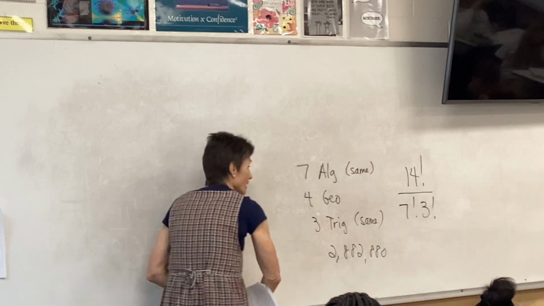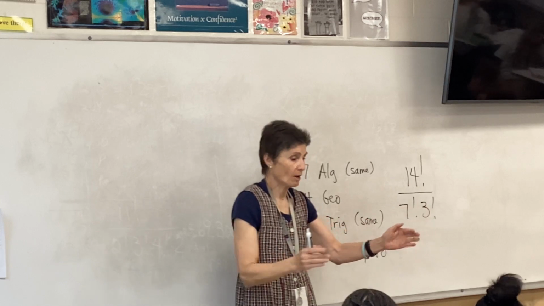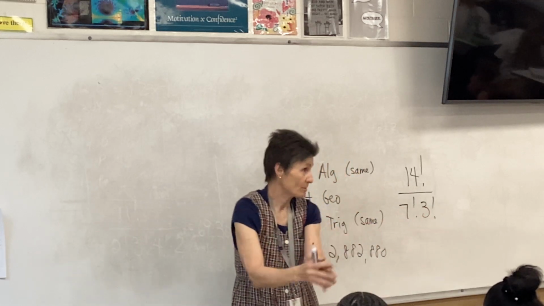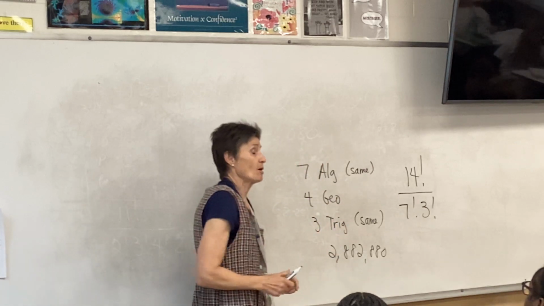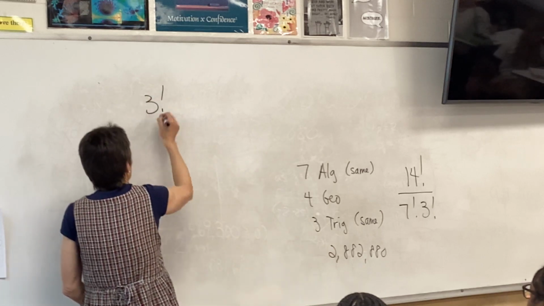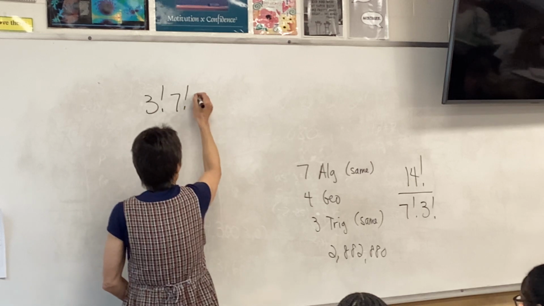So this is like the couple problem. When I go to arrange my books on the shelf, I want all the algebra together, and the geometry together, and the trigonometry together. Okay, so where am I starting, Katie? Is it 3 factorial and then times 7 factorial times 4 factorial?